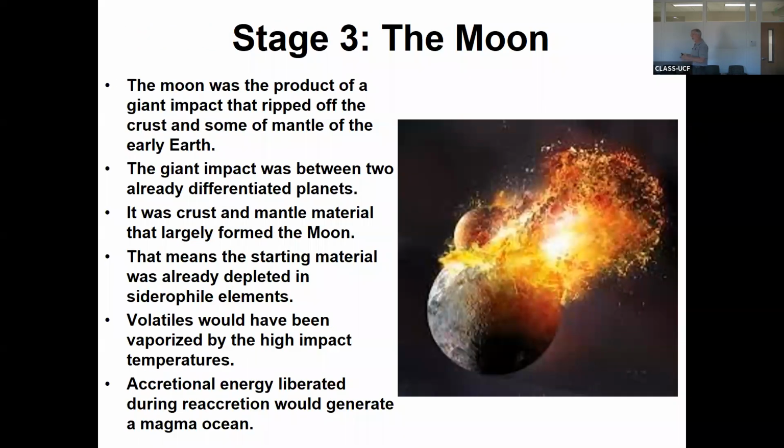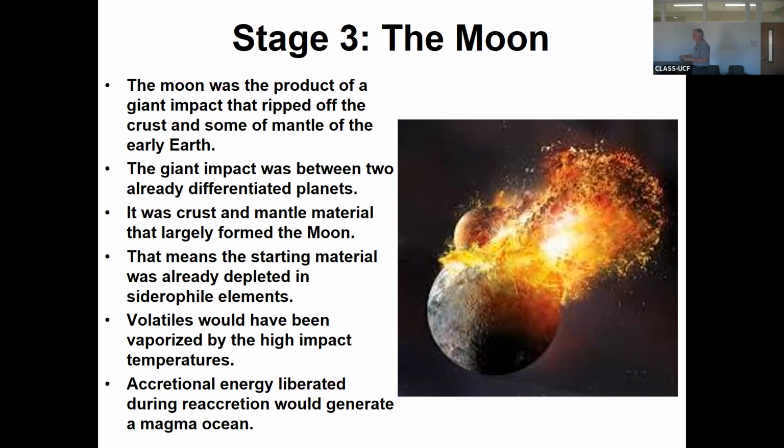So stage 3. Stage 2, we're done with the meteorites. No more evolution. The moon gets into stage 3. And of course, as I said before, the moon is a product of what is likely a giant impact between the Earth and a Mars-sized planetesimal. Since both of these planets were already differentiated, the impact ripped off the crust and mantle, and the crust and mantle were what you got to form the moon from.